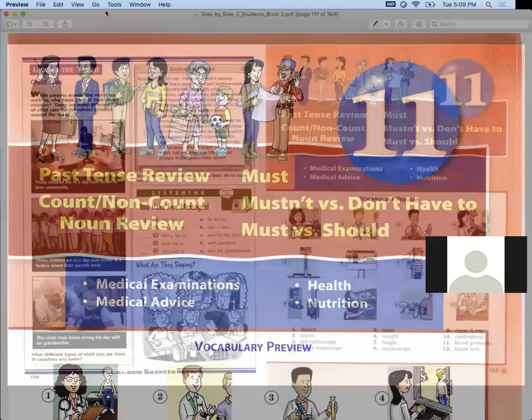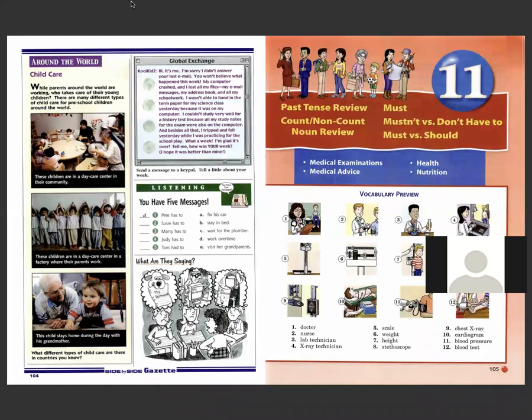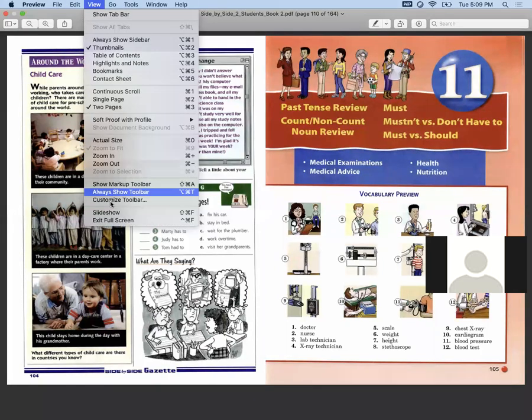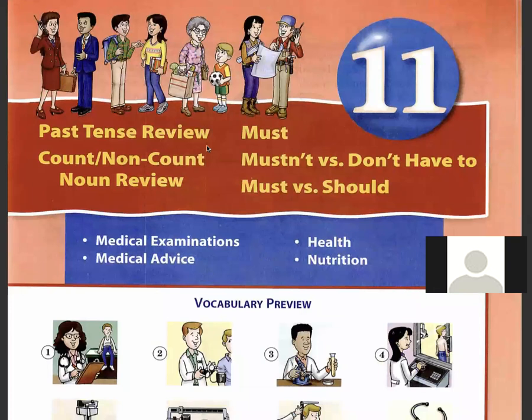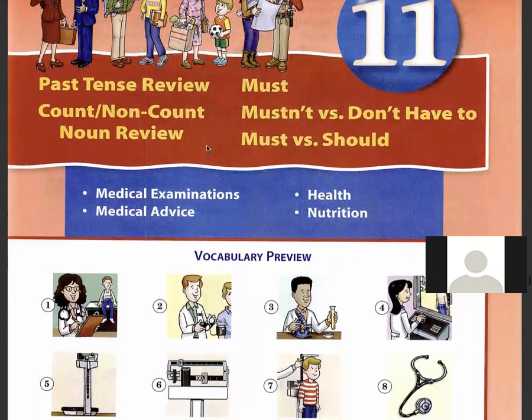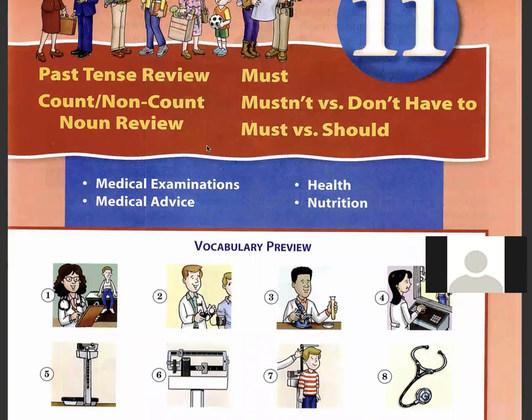We are going to continue here with book number 2, chapter number 11, side by side. I hope you were able to complete the exercises for chapter number 10 and that you put them all together. This chapter is going to be discussing the past tense review, count and non-count review.